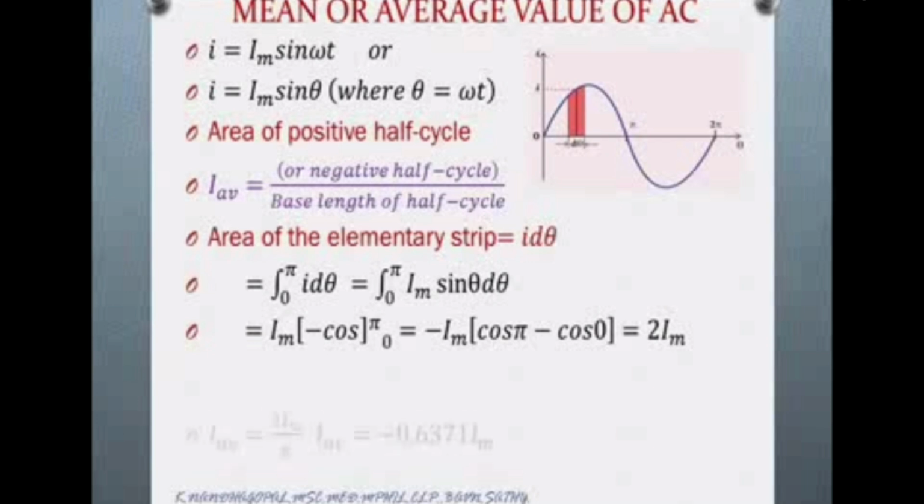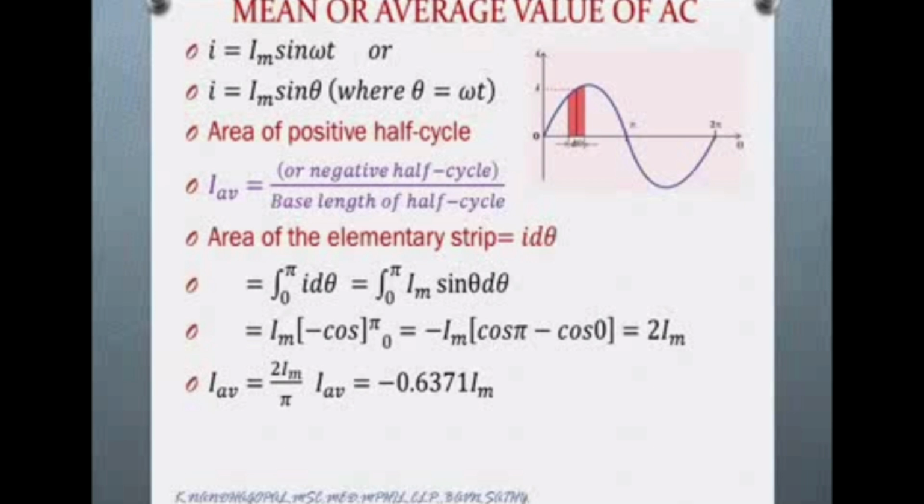Then I average equals that value divided by the base length of the half cycle, that is pi. Substituting the value, we get I average equals 0.6371 Im. You take the positive value for the positive half of the cycle, and a negative sign for the negative half of the cycle.